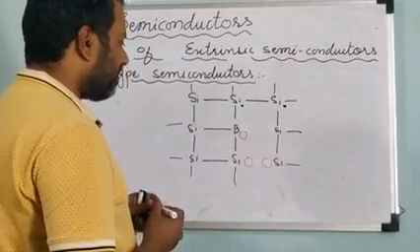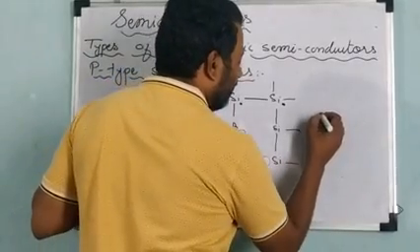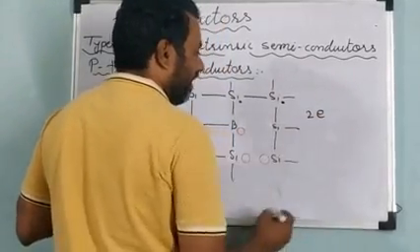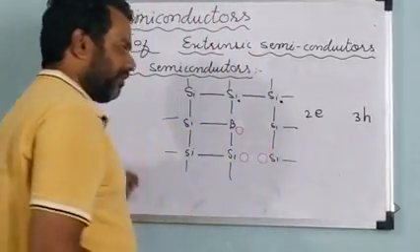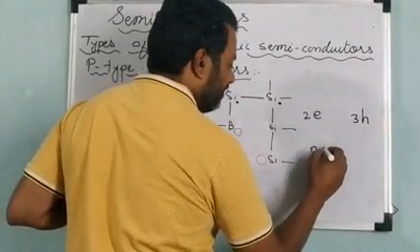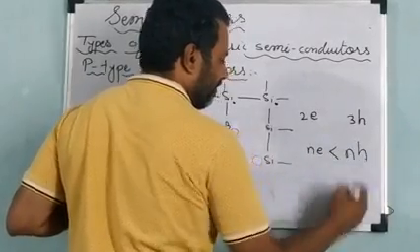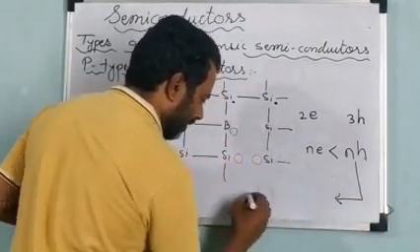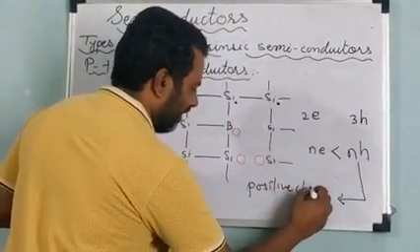Now you can see that in this crystal there are 2 electrons, that is 2 negative charge carriers, and there are 3 holes, that is 3 positive charge carriers. As the number of electrons is less than the number of holes, the positive charge carriers are in majority.